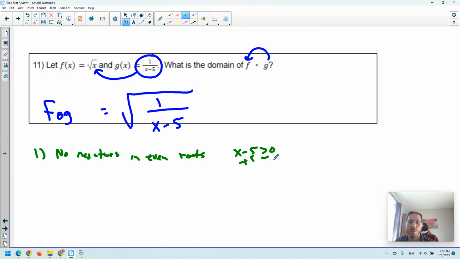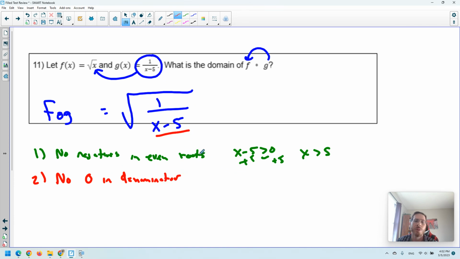So if I add 5 to both sides, I know I need X to be greater than or equal to 5. And again, if we think about it, if we plug 4 in here, then we'll have 1 divided by negative 1, which wouldn't be very good. But then I also need to remember rule number 2. And rule number 2 is no 0 in the denominator.